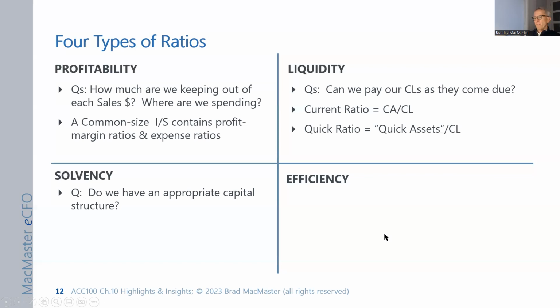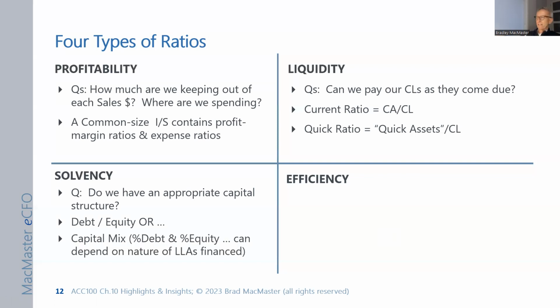When it comes to solvency, we're answering the question, do we have an appropriate capital structure? And so we can calculate something called the debt equity ratio. But what I prefer is the capital mix, which I just showed you in the vertical analysis on the balance sheet, where we look at the percentage that debt is to total assets and the percentage that equity is to total assets.